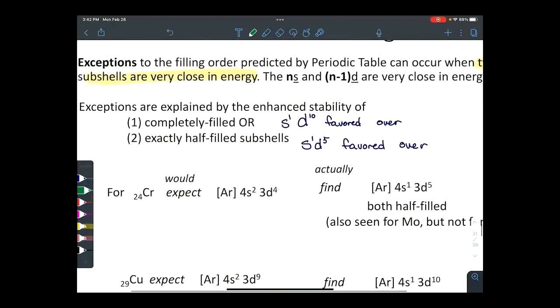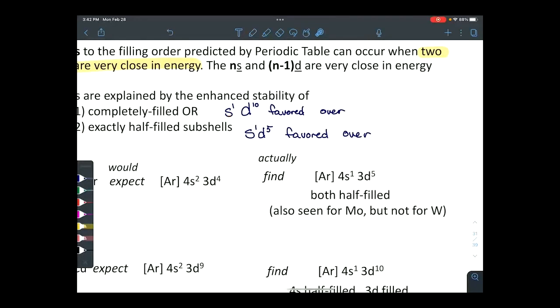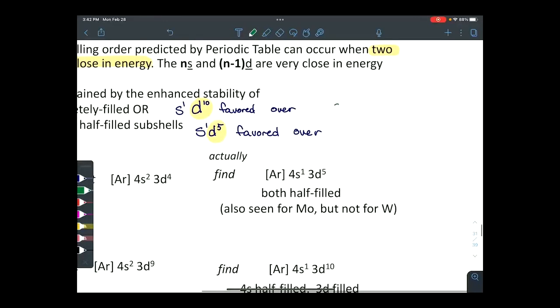So these are the two exceptions, where we're essentially pulling an electron from our s orbital and placing it in the d orbital instead, because we want a completely filled d or a half-filled d. Those configurations are favored over, let's say, having 2 electrons in our s orbital and 9 electrons in our d orbital. See how the number of electrons is still the same?